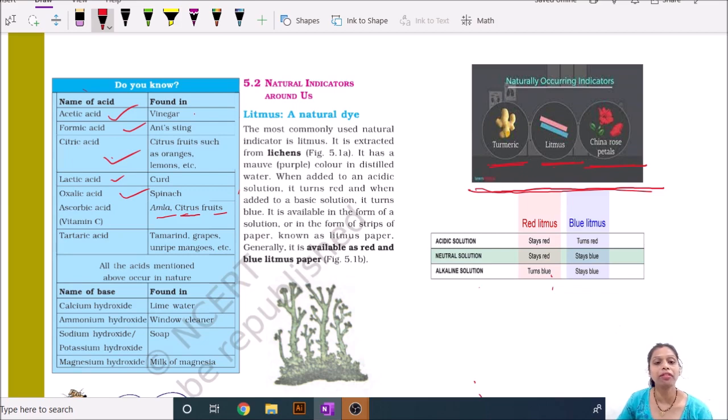These are the different substances you use in everyday life, and they have different acidic characters.